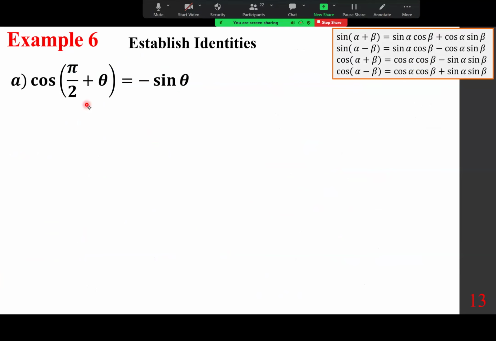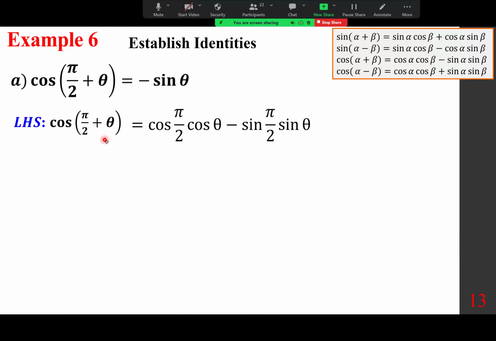Cosine of pi over 2 plus theta equals negative sine theta. Establish the identity. We want to prove that. As always, we start with the more complicated side. So we start with the left-hand side. And we are going to distribute according to the formula for cosine alpha plus beta. So this becomes cosine of pi over 2 cosine theta minus sine pi over 2 sine theta.